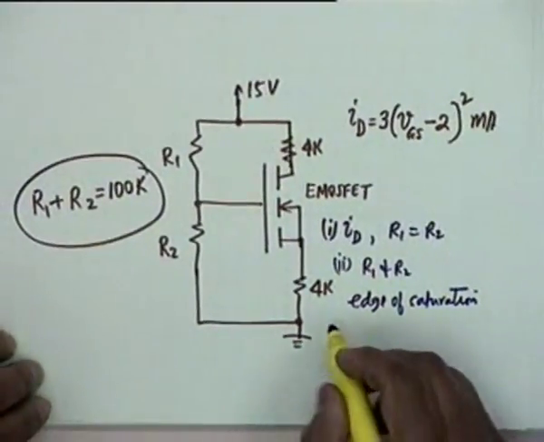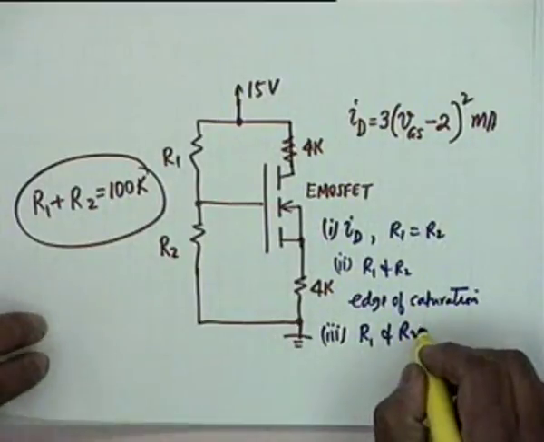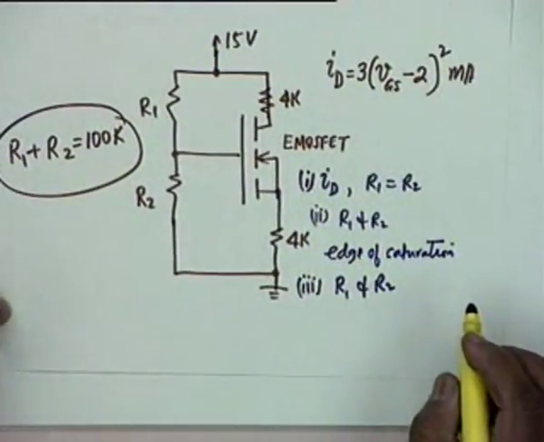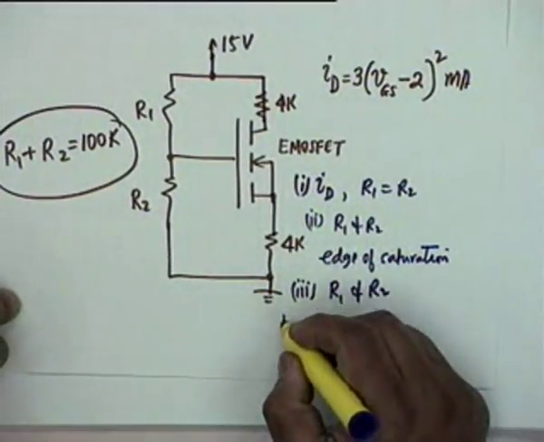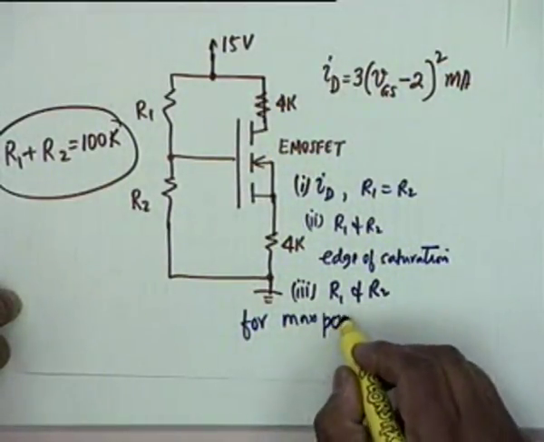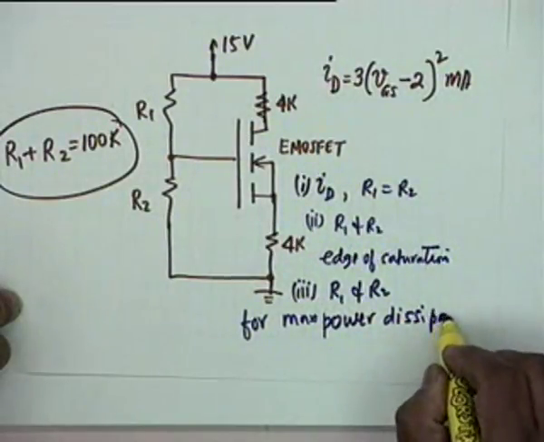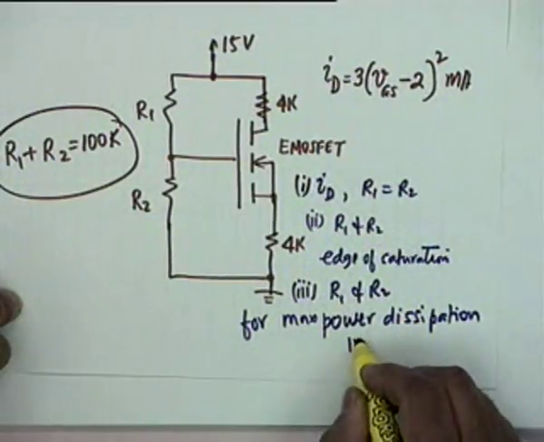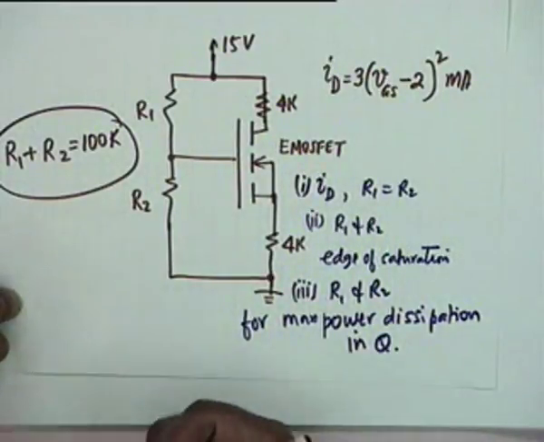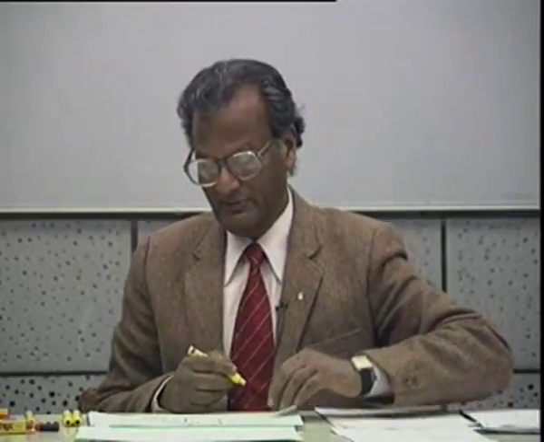And third is find R1 and R2 for maximum power dissipation in the transistor Q. These are the 3 parts of the question. Let's look at these parts one by one.